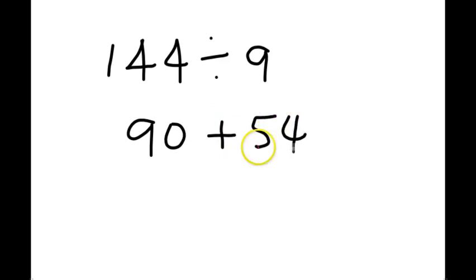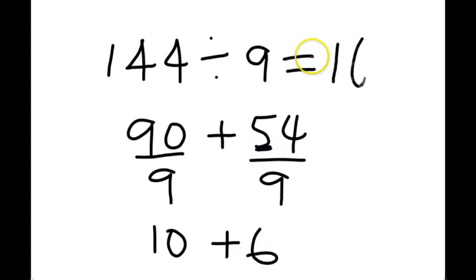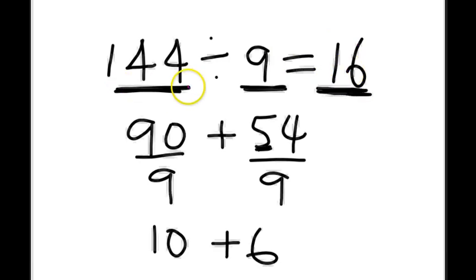Very good. So I divide both parts by 9. 90 divided by 9 will give me 10, which is very easy. And 54 divided by 9, of course, I don't need to struggle. I just add 1 to the 5 to write 6. And so finally, I can say 144 divided by 9 is 16.